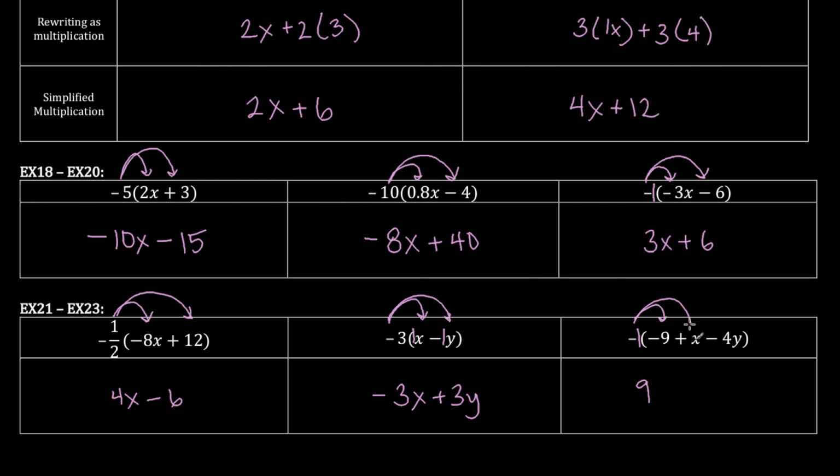A negative times a positive times a positive is a negative 1x. So negative x. I'll put 1x for y'all. And then a negative times a negative is a positive. 1 times 4 is 4y. That's it. It's pretty simple.